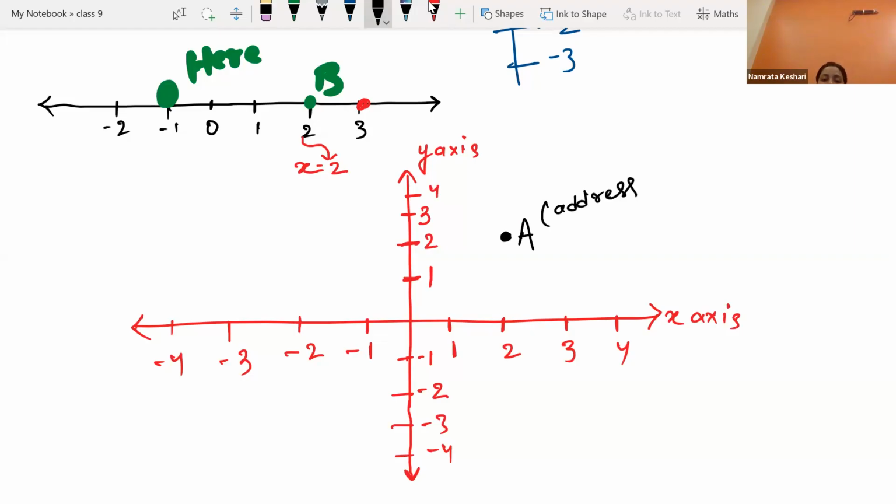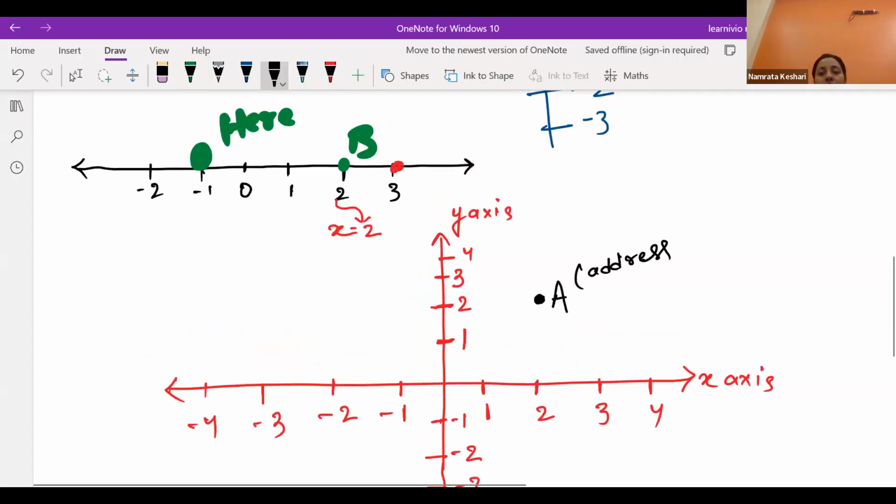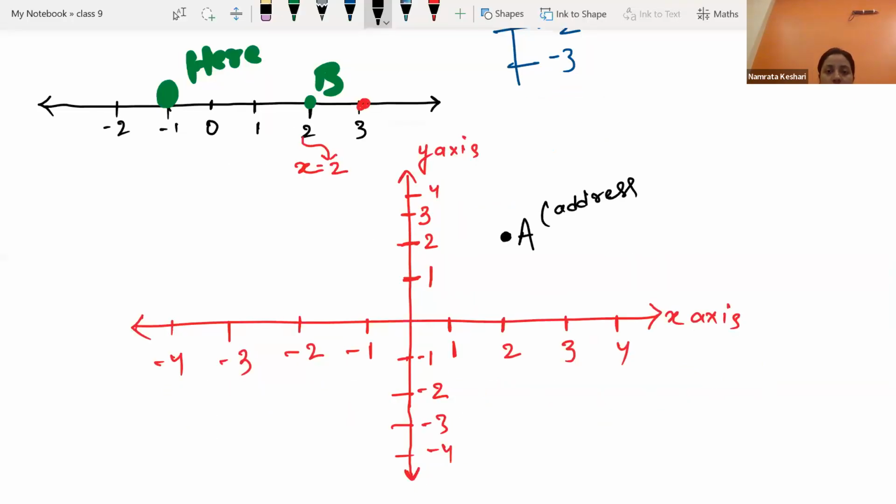In mathematics, there is a certain structure, a certain way to write the address. Let's see how you will write the address of point A. You will drop a perpendicular on the x-axis, and you will drop a perpendicular from A on the y-axis.